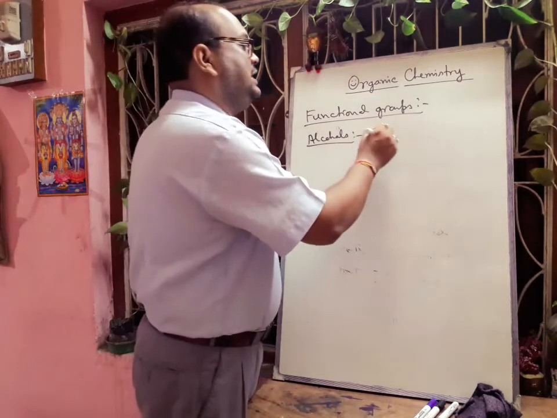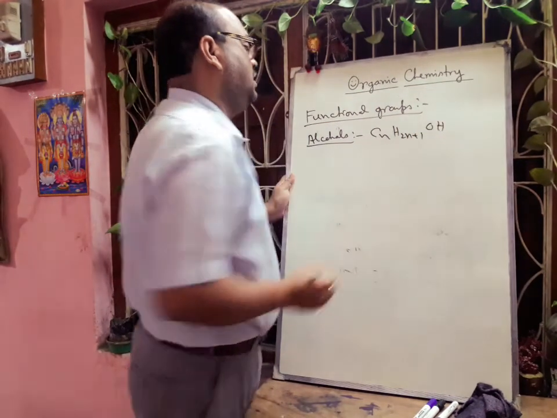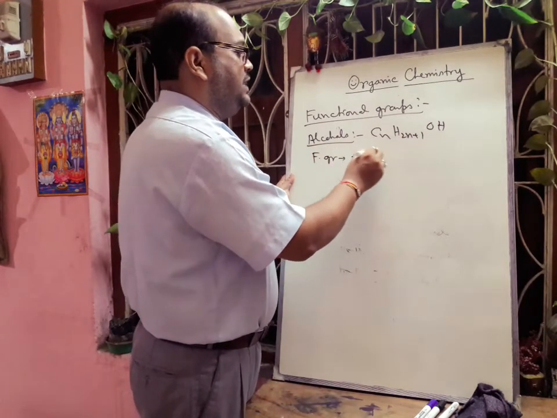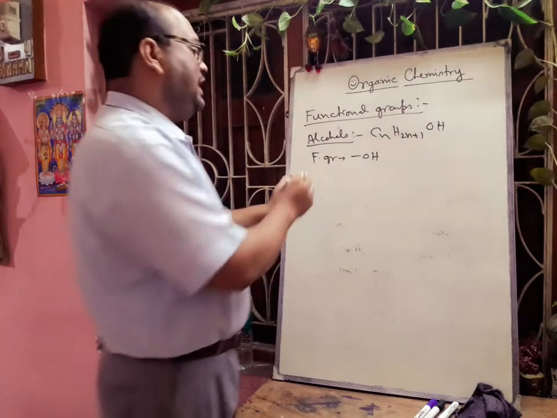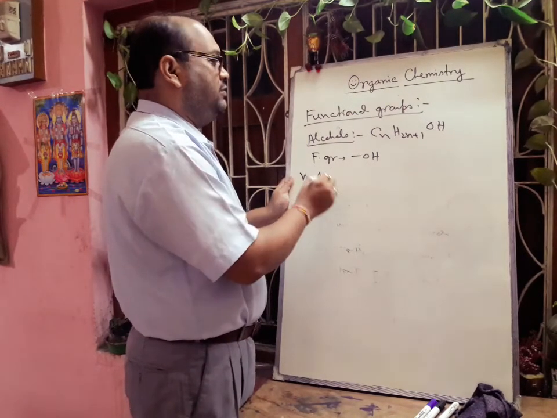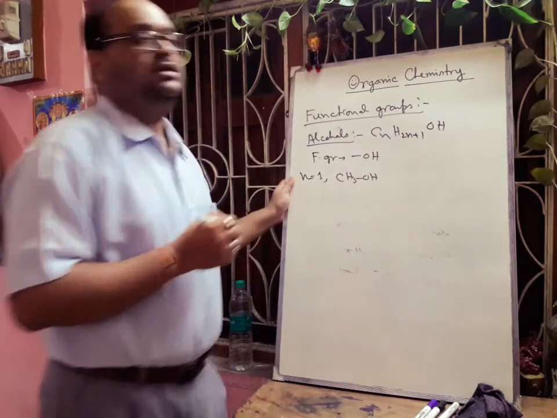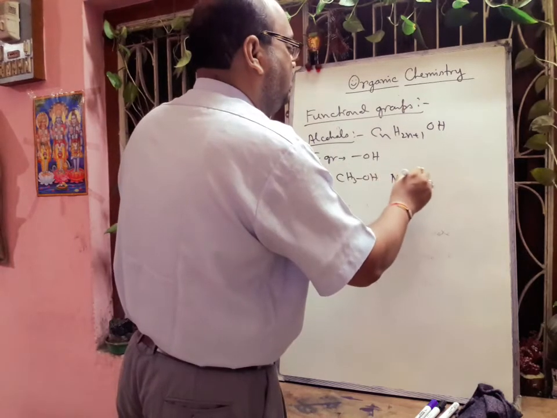That will be CnH2n plus 1 OH. Now what is the functional group here? The functional group here is OH, hydroxy. Now if we put n is equal to 1, then we will get CH3OH. This is the first member of the alcohols, and this one is called methanol or methyl alcohol.